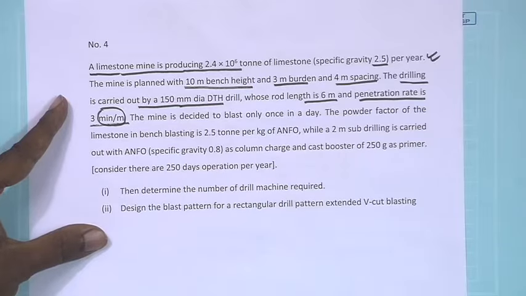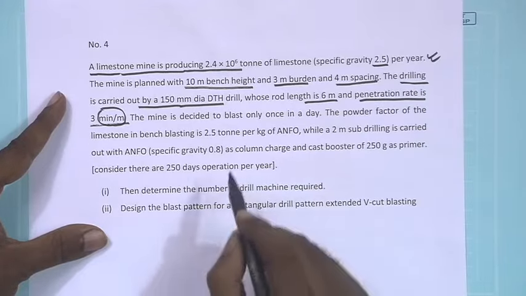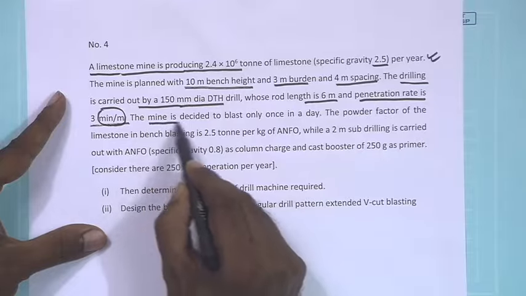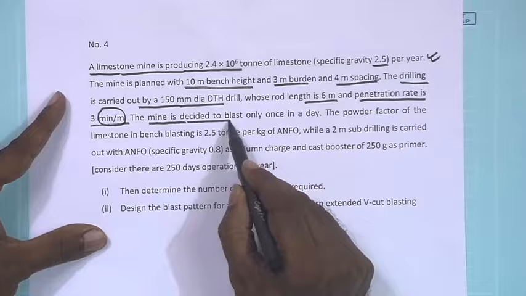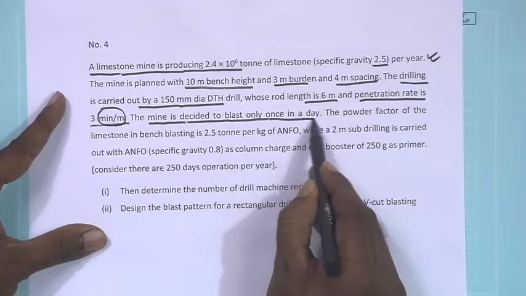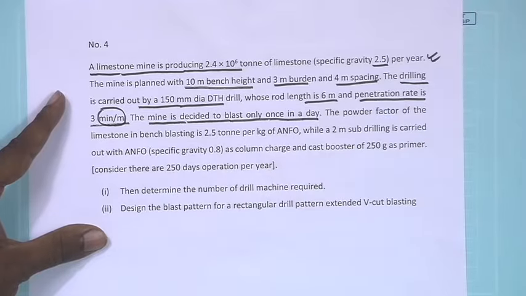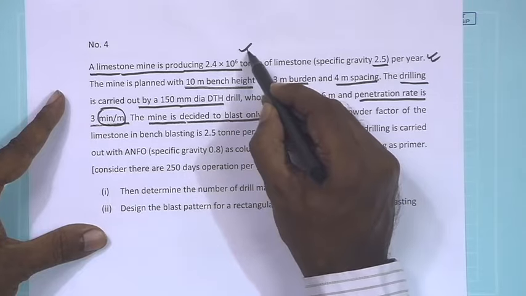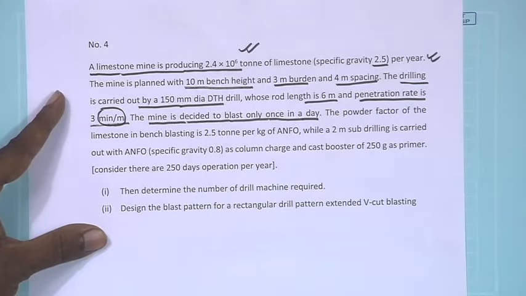That means 3 minutes are required to penetrate 1 meter of rock while drilling. And this is the administrative decision: the mine has decided to blast once in a day. That means the daily requirement to achieve this production has to be addressed by a single blast round.